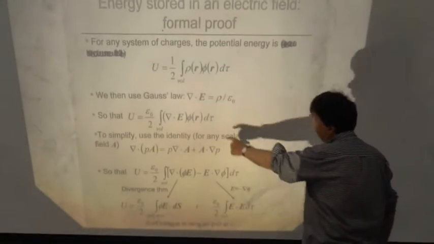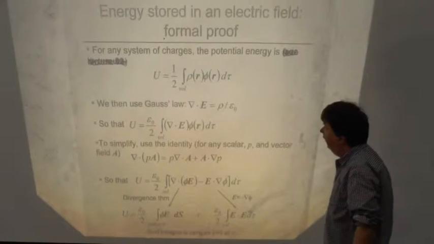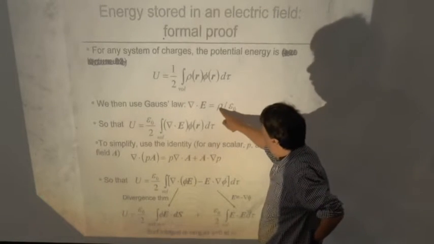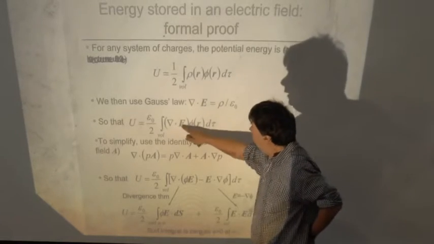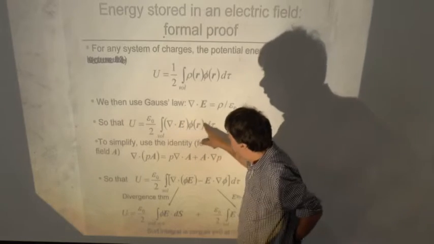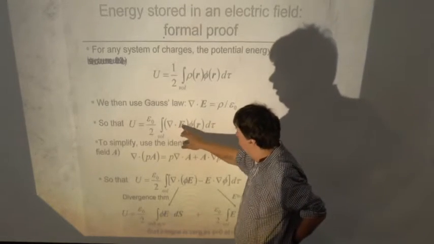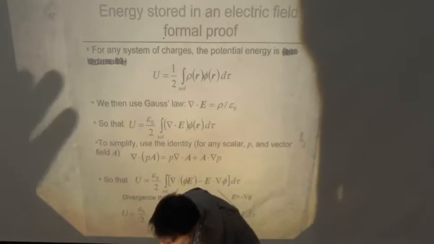Well, of course, this is one of the Maxwell equations. It's always true. So we can clearly replace our rho by epsilon naught times del dot E. And because that's a fundamental constant, we just take it in the front. So under the integral, you've got the divergence of E times the potential at that point.